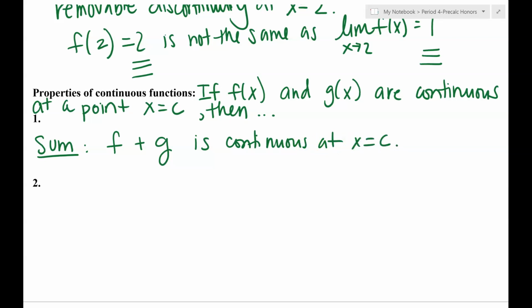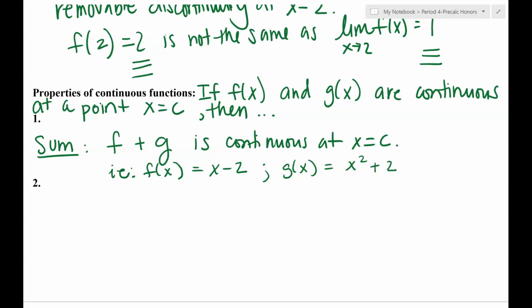Okay. Do you guys see how that works? What if I give you an example? F of x is x minus 2. By the way, what's the domain of that? All real numbers, right? Is that continuous everywhere? Yeah, so technically your c value is all real numbers. How about another one? G of x is x squared plus 2.